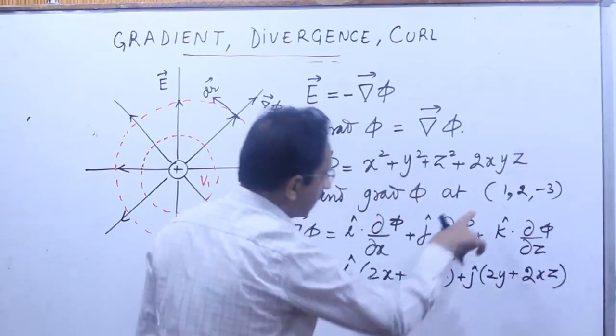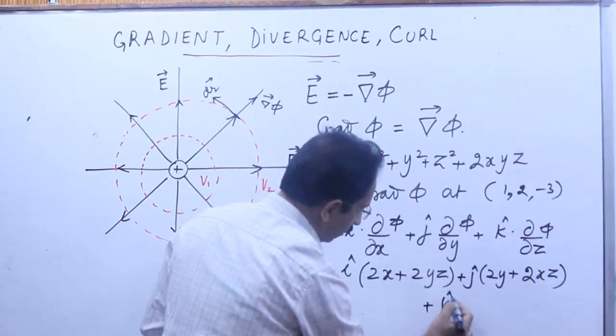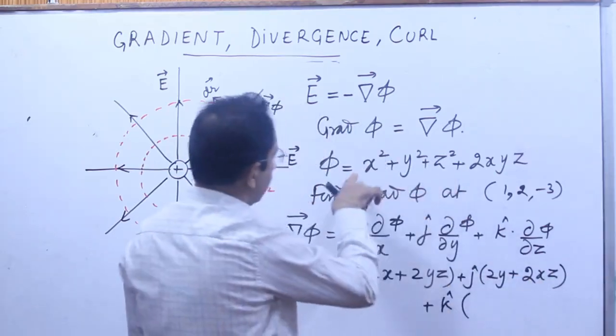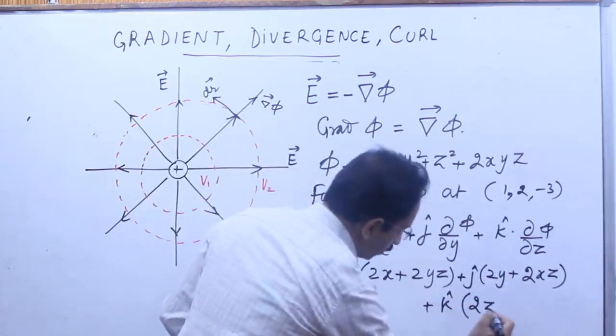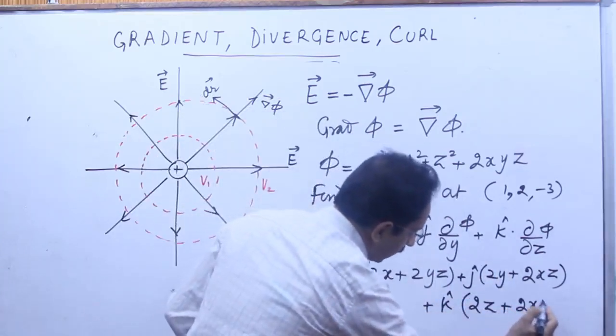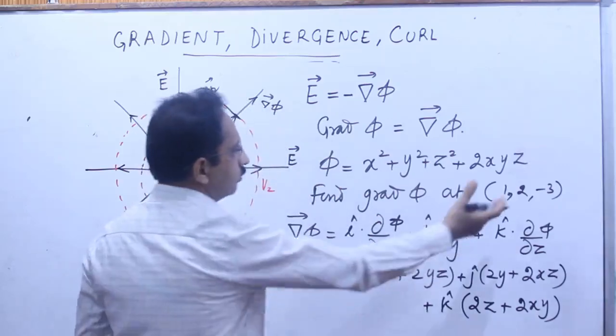Similarly, k cap into derivative of phi with respect to z would be 2z plus 2xy.